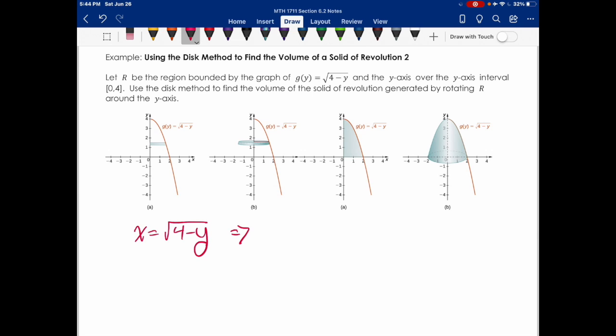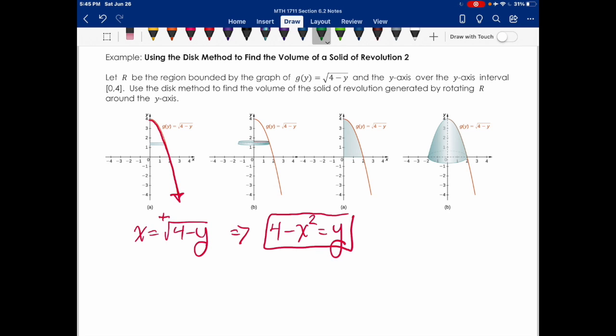So this function, x equals the square root of 4 minus y, really is the function 4 minus x squared is equal to y, but it was rewritten in a way that it was set equal to x instead of y, so it's in terms of y.